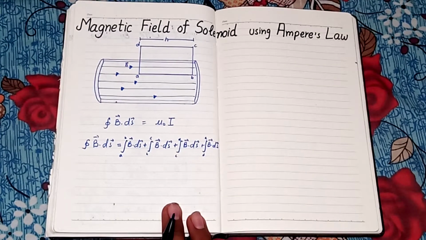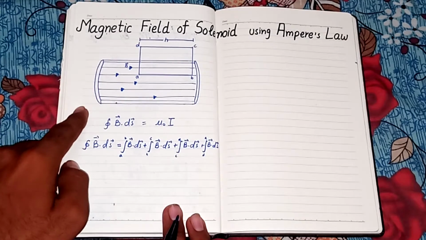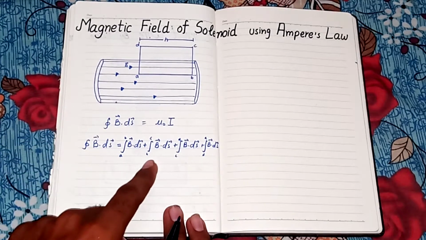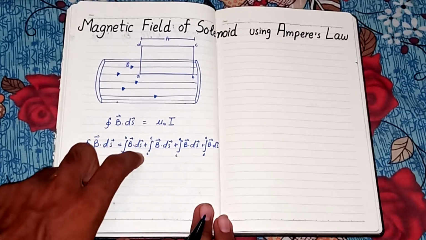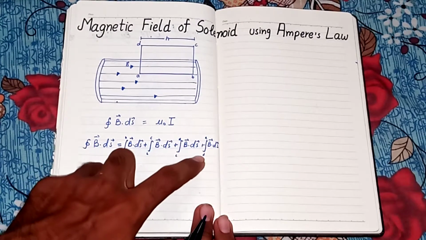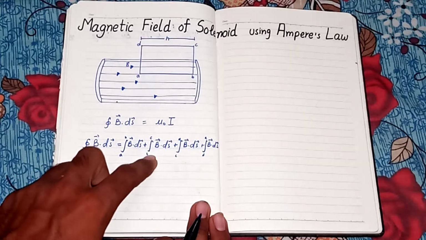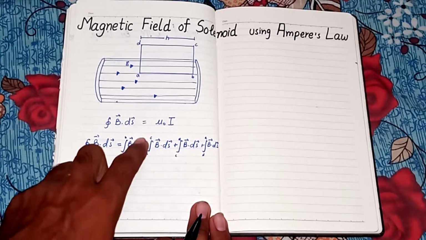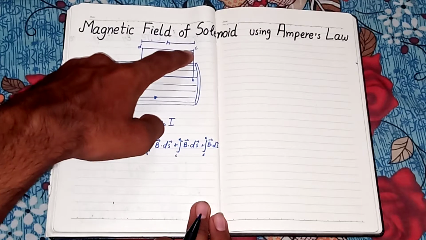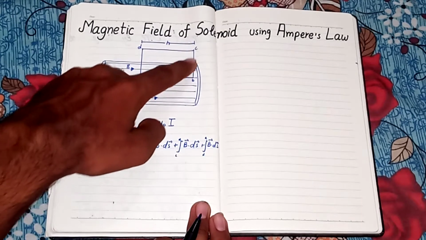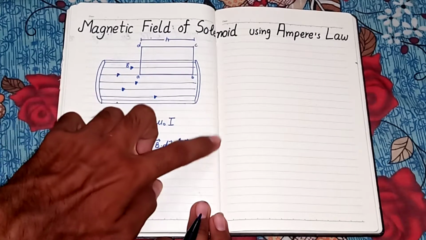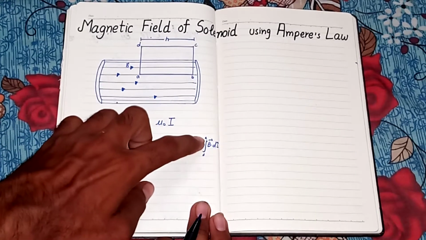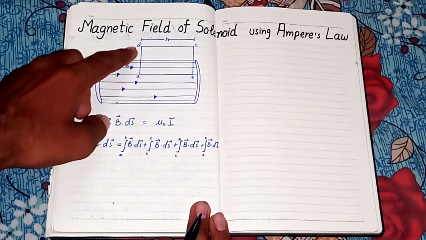Now we will match our integrals with our diagram. Focus on the second and fourth integrals, whose limits are c and b, and a and d. The integral of B dot ds whose limits are c and b lies here, and the integral whose limits are a and d lies here.